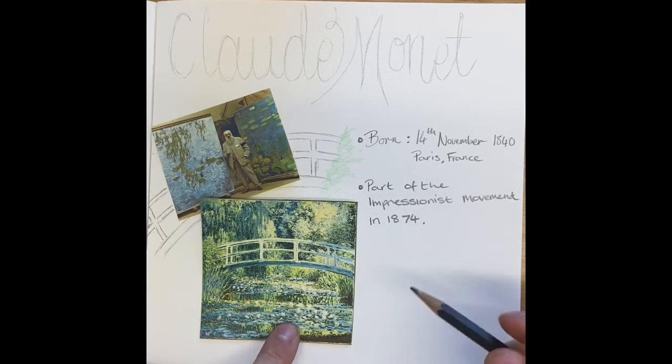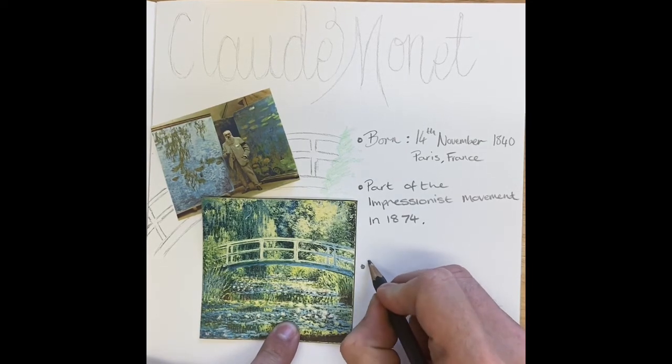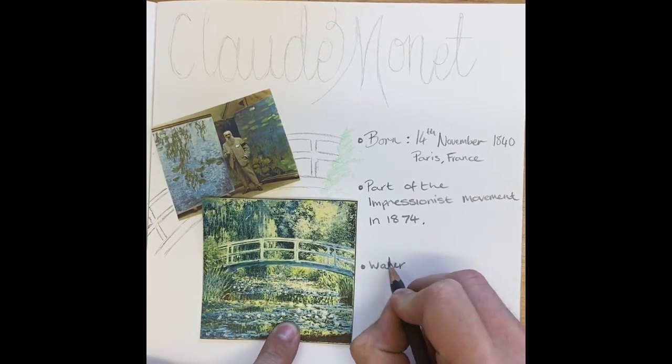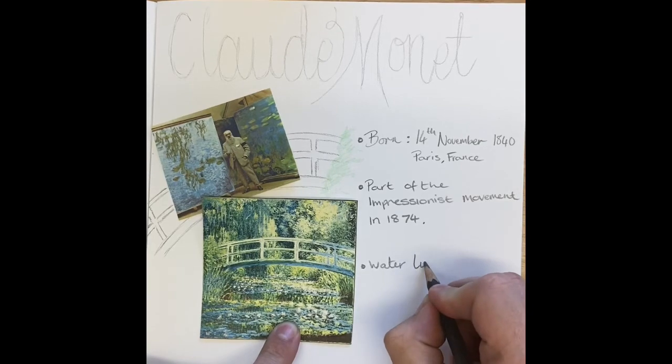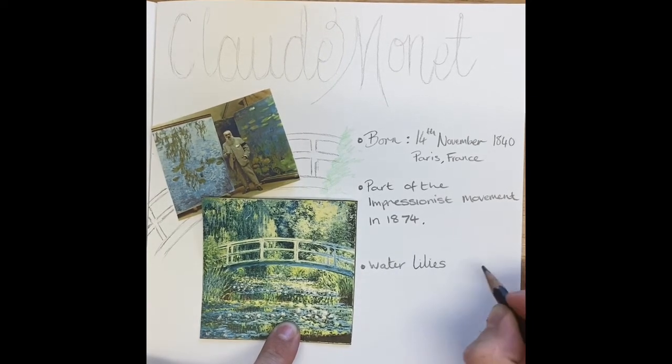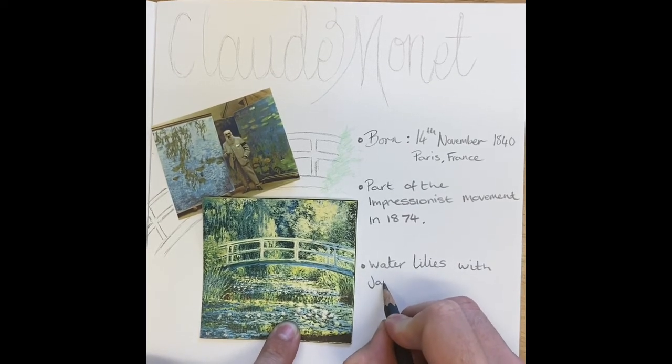So this is his water lilies, with Japanese bridge.